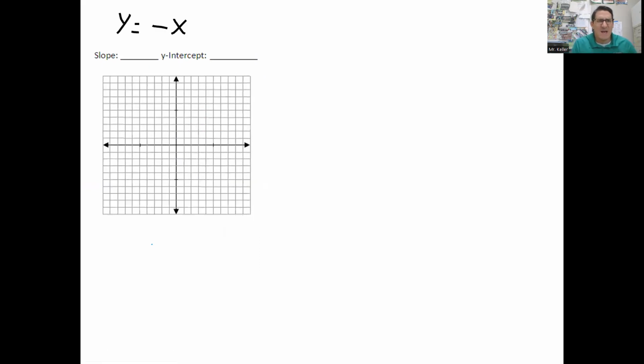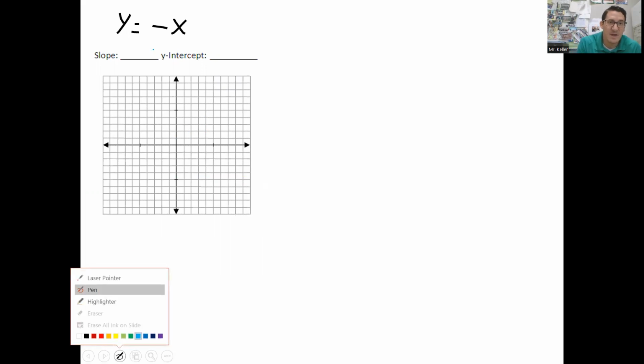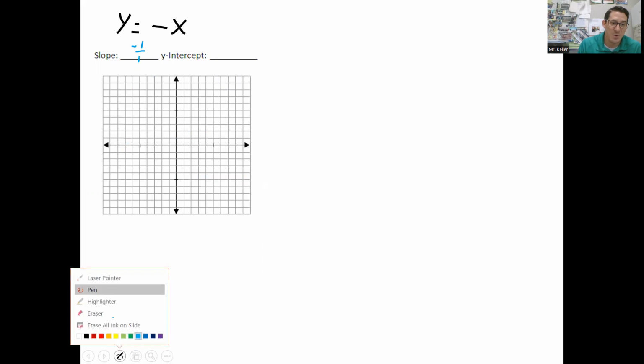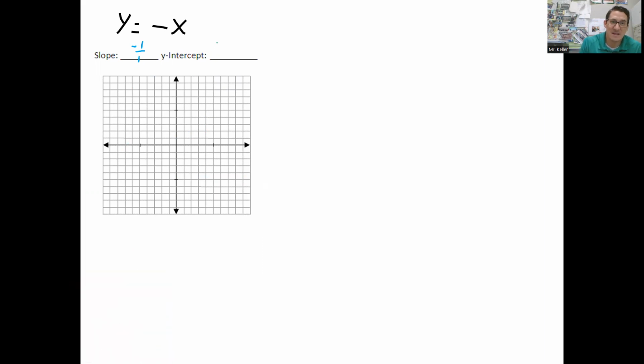I think this might be the last graphing one. So the slope is negative. So remember, negative, that's going to be a -1. It is a whole number, so I'm going to make it a fraction by putting it over 1. The y-intercept, we're not adding anything. So the y-intercept is going to be 0, 0. And we could add a 0 to make that more obvious, but green star starting point here.